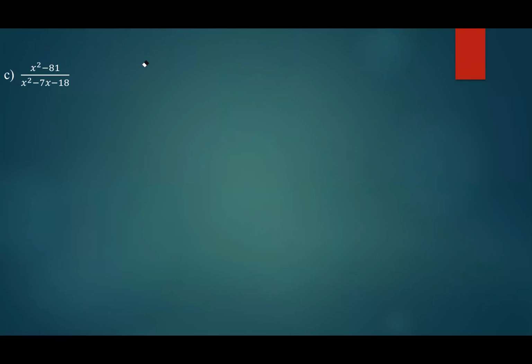Hopefully you see that in order to find the undefined value, all we need to do is take the denominator, x squared minus 7x minus 18, and set it equal to 0. To solve for this, we need to factor it out.